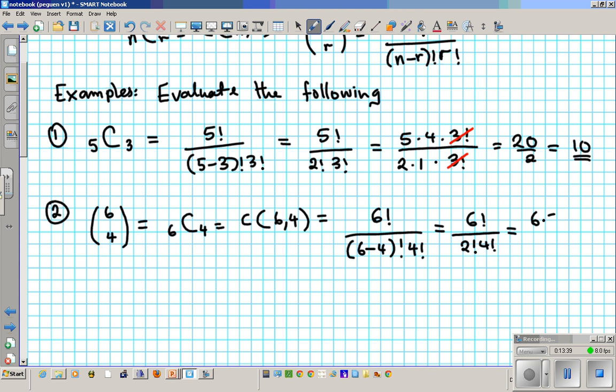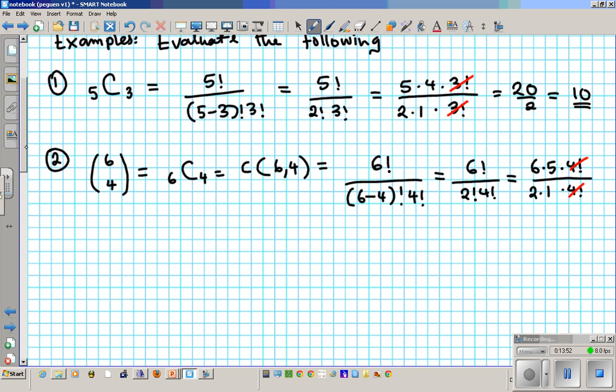So 6 times 5 times 4 factorial, divided by, break down the 2 factorial, 2 times 1, and leave the 4 factorial intact. These two cancel out. So you're going to have 30 over 2, which is simply 15. So your final answer here is 15.